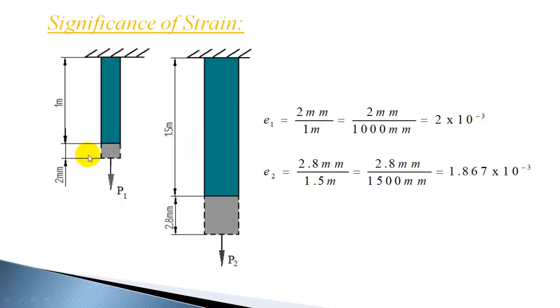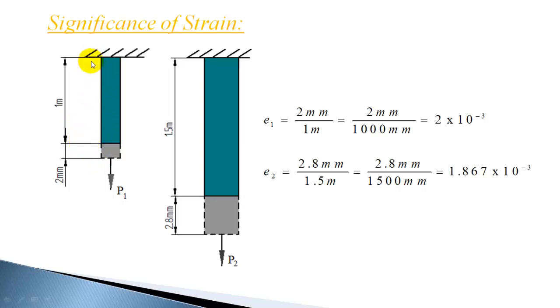Now what does this 2 into 10 raised to minus 3 stand for? 2 mm is the increase in length in the entire length of the bar. But 2 into 10 raised to minus 3 is 0.002. What does that 0.002 stand for? 2 mm is the increase in length in 1 meter length.